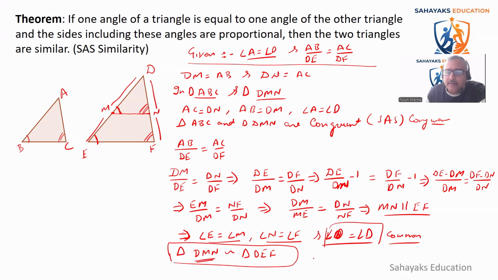So what we can say? This implies that triangle ABC is similar to triangle DEF. Hence proved.